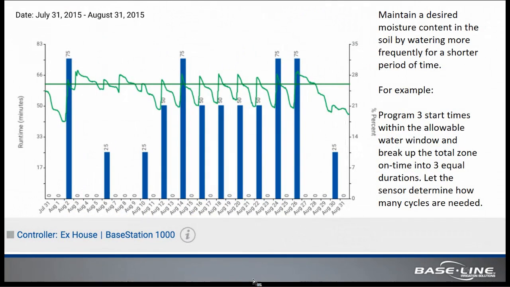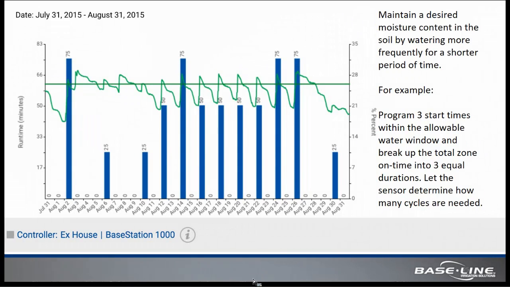Another way that the watering strategy can be enhanced or altered is by setting a threshold where there is a desired moisture content to be maintained.